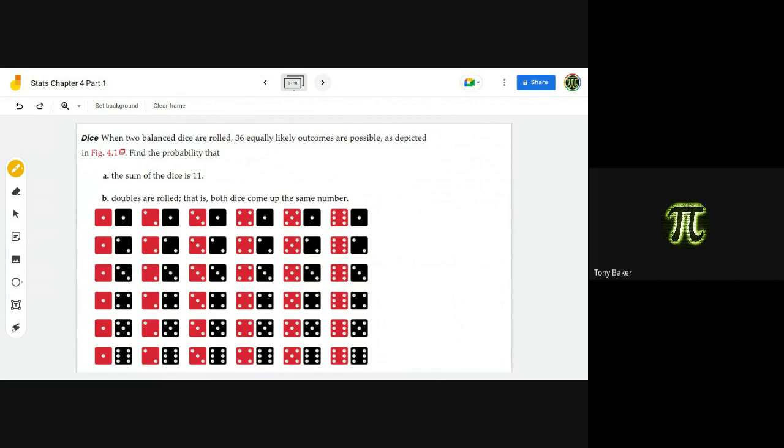Yeah, I can have the doubles. So I have replacement here. I'm rolling 2 separate dice. They don't interact with each other. So I have to list all the combinations of those. If you're going to have doubles, you have to list both options of the 1, 2 and the 2, 1.